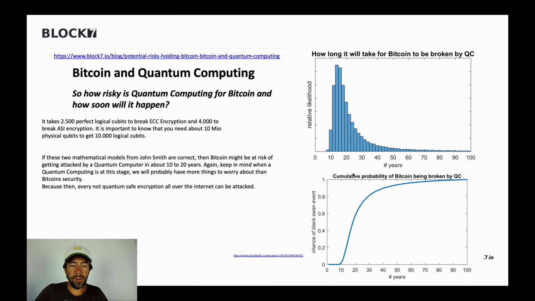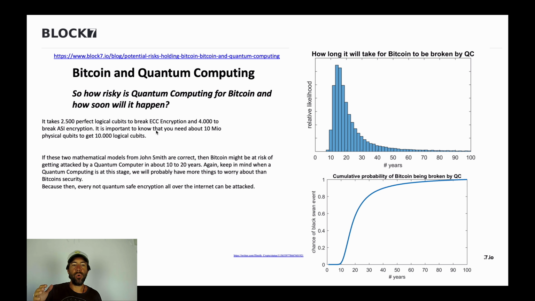And what we should not forget is that we have these physical qubits, and the physical qubits are really very noisy. So in this case, it takes 2,500 perfect logical qubits to break the encryption and 4,000 to break the ASIC encryption.